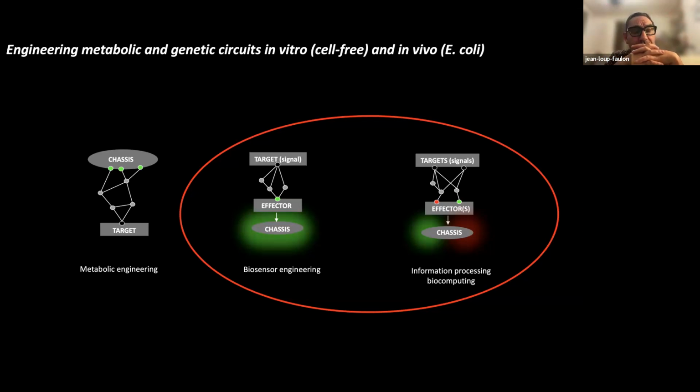I'm not going to talk about this. What I will focus more on are the two other applications, which is first biosensor engineering, and I will present this just as a motivation to really go into the core of the presentation, which is going to be on biocomputing. And how does this relate to metabolic engineering?